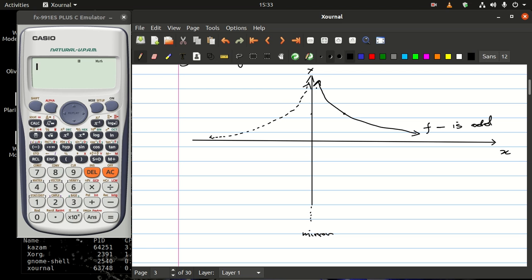Let me just use blue. It's going to be a graph like this. Let me not use dotted lines, because you're not going to see dotted lines in the mirror. You'll see a complete thing. So you're going to see a graph like this on the mirror if you stand here at this point.